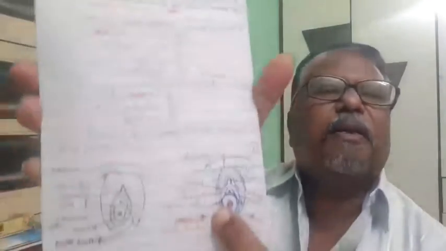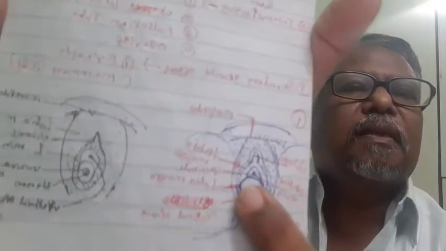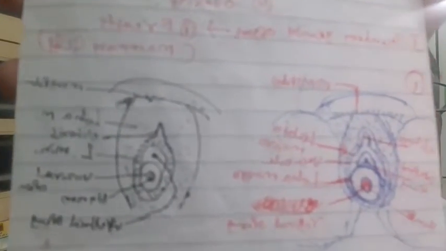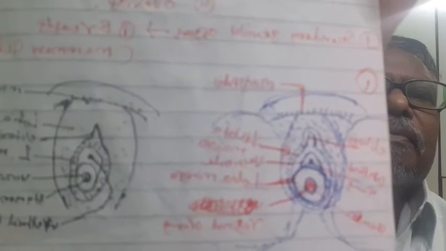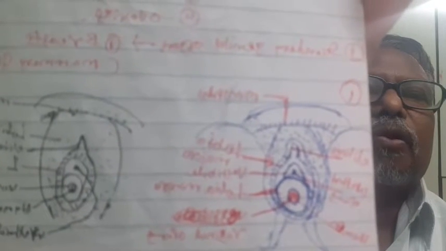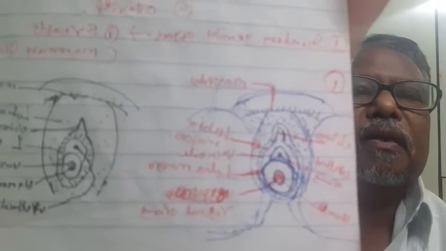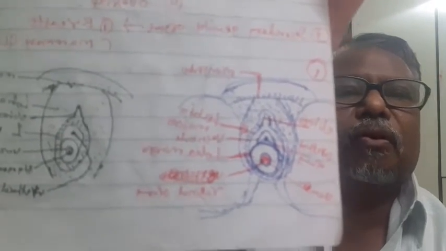So this is the structure of the external genital organ. So this is externally present. This is the external genital organ, in which there are different parts present here. One more figure is here. You can see very clearly. And in the book also, in the notes also they have given the figures. So please go through the notes also.